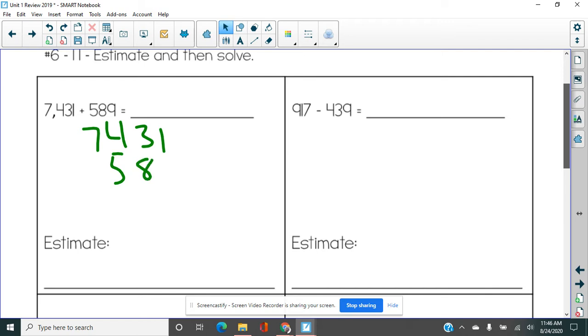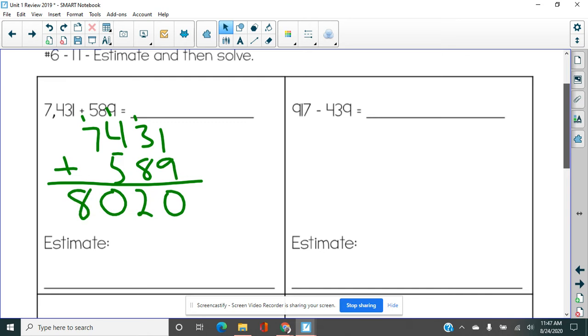So I need to put it in the hundreds place or else my whole problem is going to be messed up. I'm going to add, I get 10, carry the 1. 1 plus 3 plus 8 is 12. 1 plus 4 is 5, plus 5 more is 10. 1 plus 7 is 8. Oh no, I forgot something.